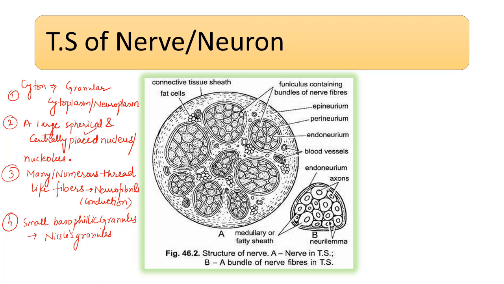Understood? These Nissl granules are formed from rough endoplasmic reticulum with ribosomes and are the sites of protein synthesis. Rough endoplasmic reticulum, RER, helps in protein synthesis.